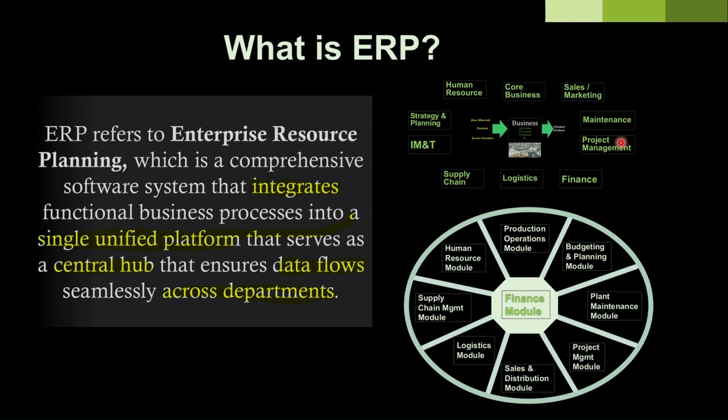For instance, if you are executing a project, you need supply chain to get the materials you need for that project. You need logistics to haul the materials to the various project sites. You need human resources to provide the personnel to execute those projects. You need strategy and planning to have budgeted, made all the necessary project provisions, and secured all the necessary approvals for that project to go.